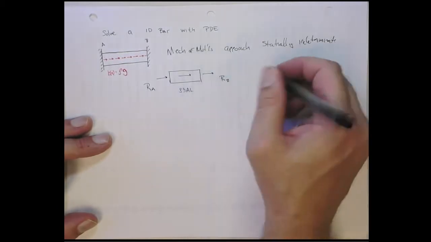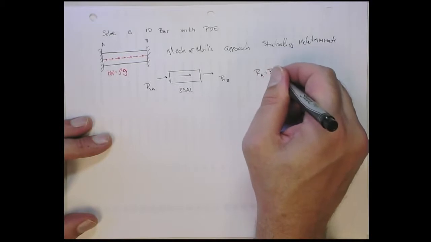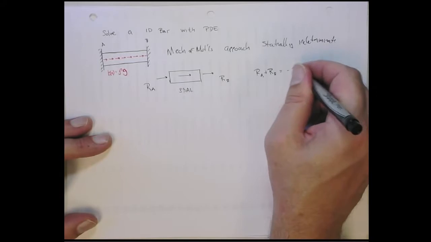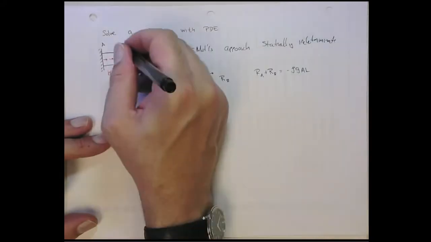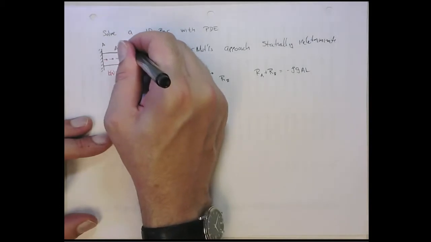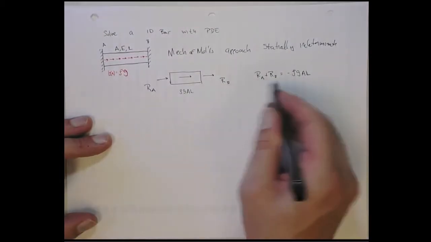And if you do sum of forces, you're going to get RA plus RB equals minus rho g A L. L is the length of the beam, and it has a cross-sectional area A, a stiffness E and a length L. Okay? So you can't uniquely solve for RA and RB.